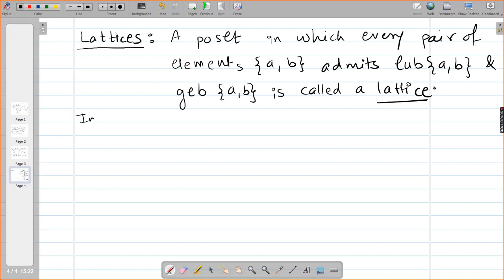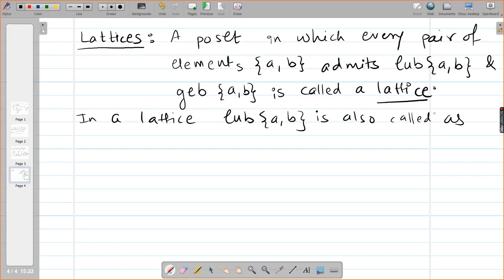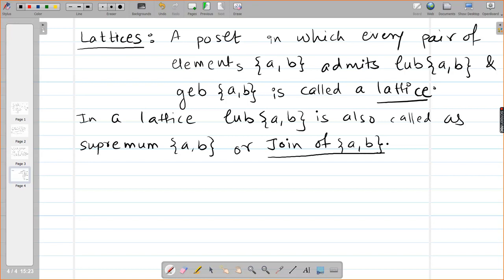Okay, in a lattice, LUB of A, B is also called supremum of A, B, or join of A, B. So we are going to use this term, join of A, B.